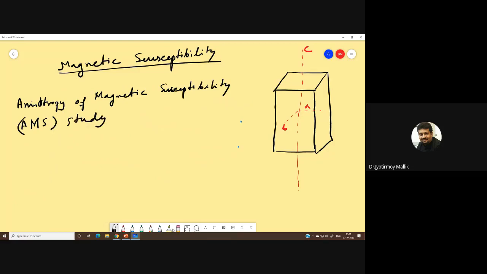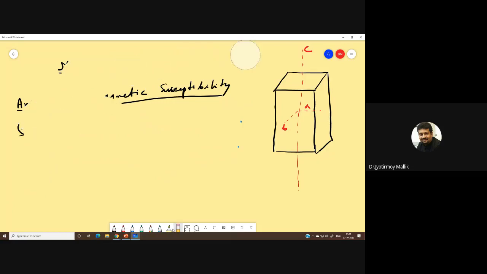AMS is very widely used for geological applications. How AMS is used, I'm going to give you an example, a case study, and then you will be able to understand how it is used for different geological purposes. So we are going to talk now about AMS briefly.